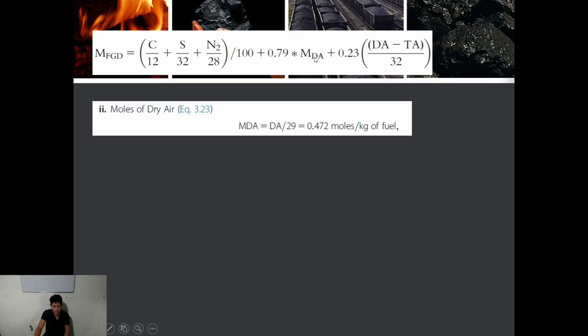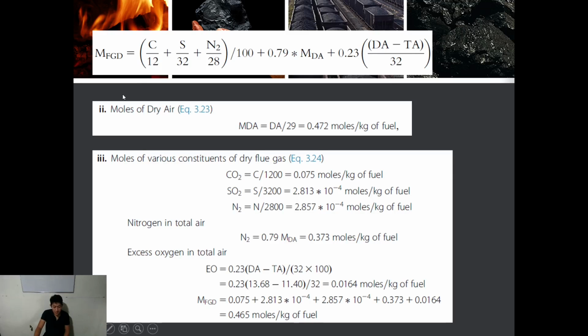And then the moles of dry flue gases, CO2. Your CO2 is this component, C over 1,200 because it is over 100. So your CO2 produced is 0.075 moles per kilogram fuel.